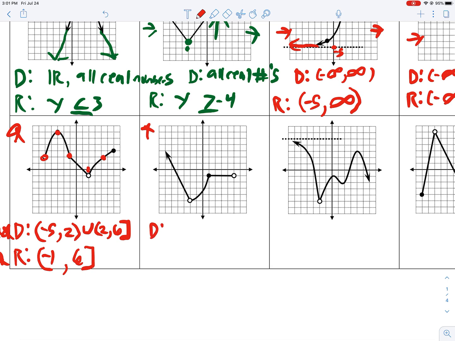Okay, same thing, domain, range. Again, we're going to do this quite a bit in the first semester, so you can get a lot of practice at it. So again, left to right for domain. This arrow keeps going on forever, so it starts at -infinity. When you get to -2, though, there's a problem at -2. When x is -2, is there a point on the graph? No. So I have to skip -2.